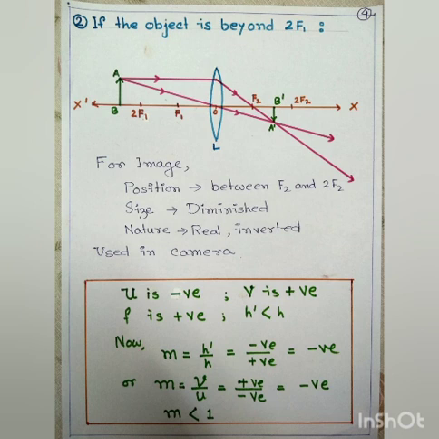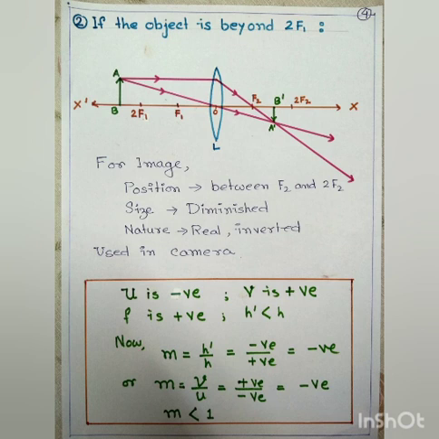Clear? On the other side, OF2 will be the same measurement, that is 3 cm, and O2F2 will be 6 cm. First you select the positions of F1, 2F1 and F2, 2F2 nicely and perfectly. Then you will get a perfect ray diagram.